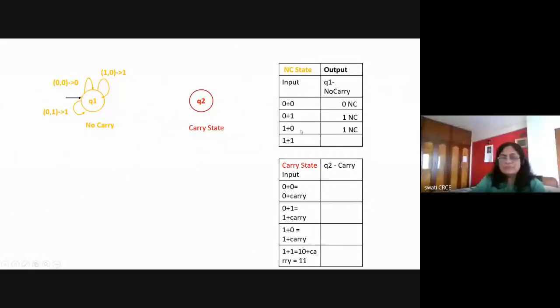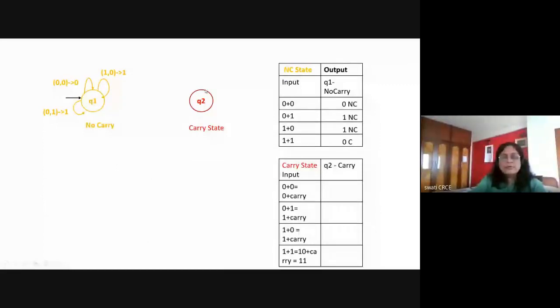Now with 1 plus 1, your answer is equal to 0 and carry is generated. The sum is 0 and a carry is generated. In that case, the machine is in the no carry state, but now the carry is generated, so it has to transit to another state.